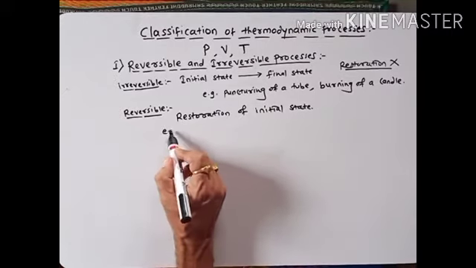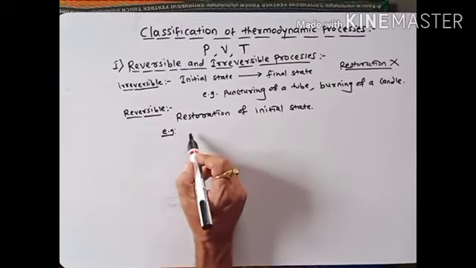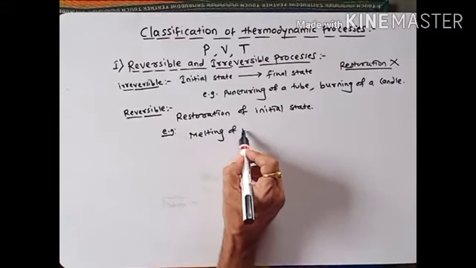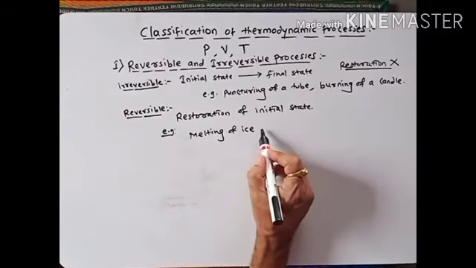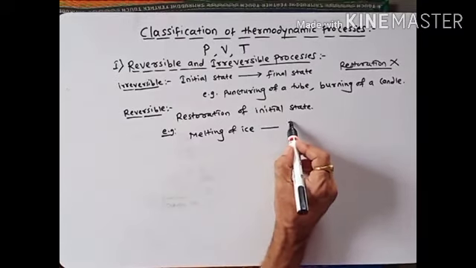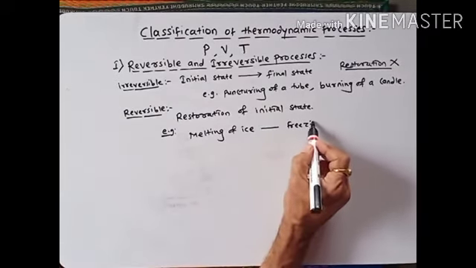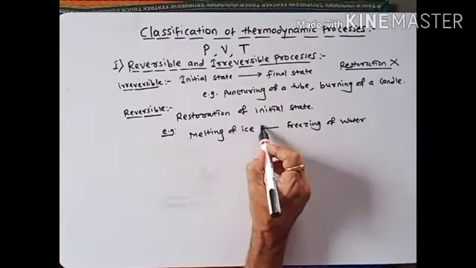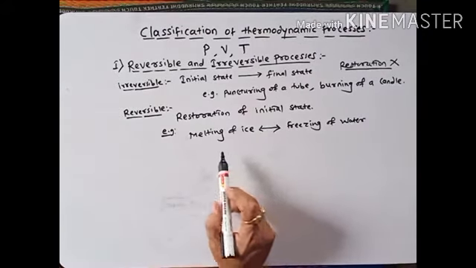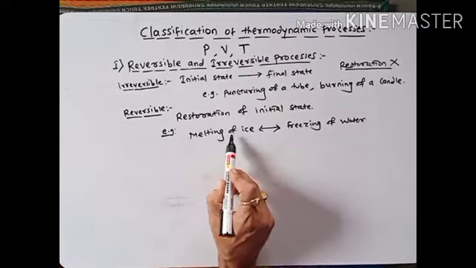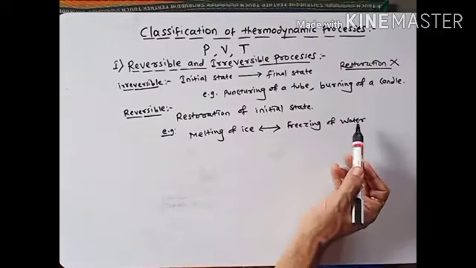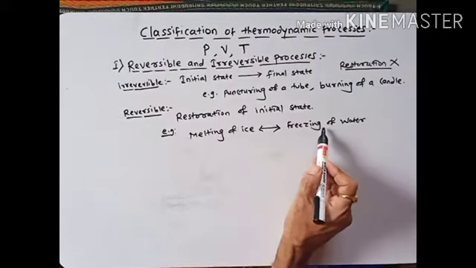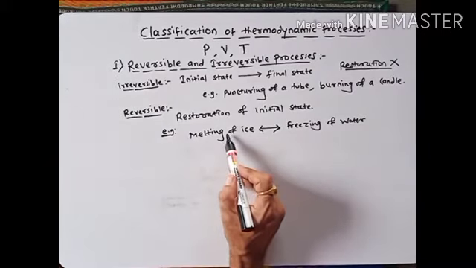For example, we consider here melting of ice. That means ice converted into water, and freezing of water. These are reversible processes. That means whenever we give heat to the ice, it melts, converts into water, and if we place that water into the fridge, then there is creation of ice.